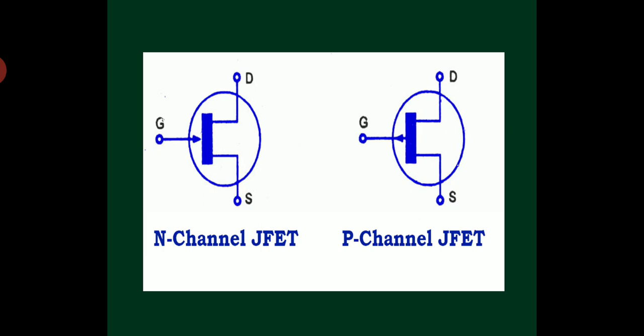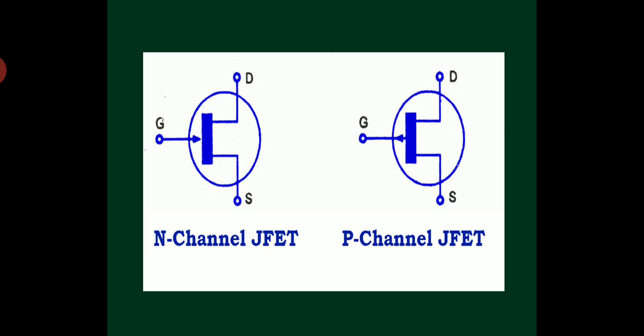Okay. And next thing, in FET, as I said, it is also a 3-terminal semiconductor device having 3 terminals, namely source, gate and drain, right? Source, gate and drain are the terminals of FET.